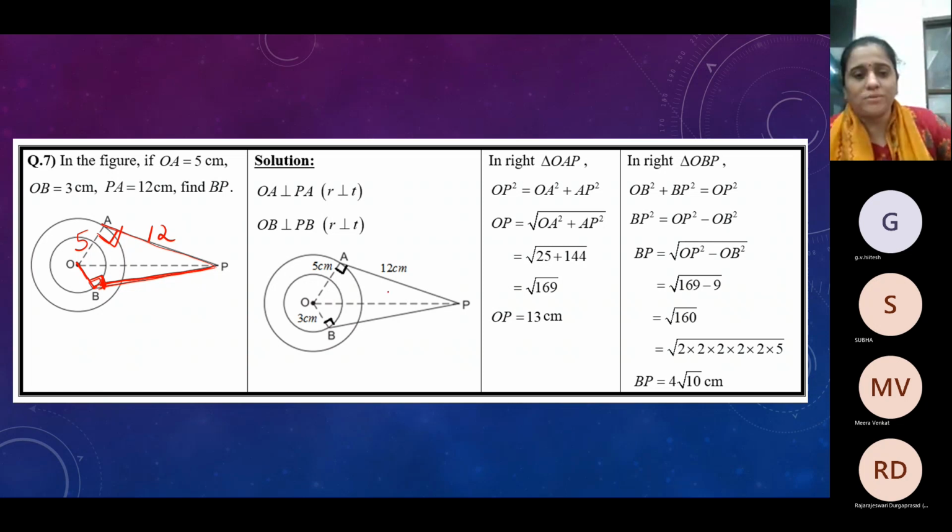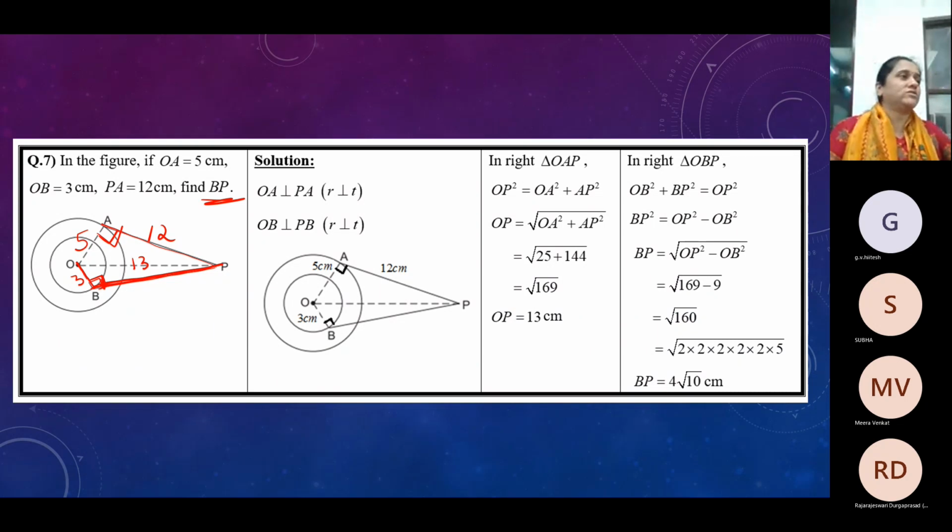Now you know OP. I found OP is 13. OP is 13 and how much is OB? 3. OB is 3. Now we'll have to find BP using Pythagoras theorem. Which is the hypotenuse in the second triangle?